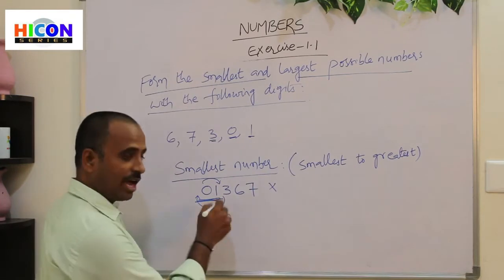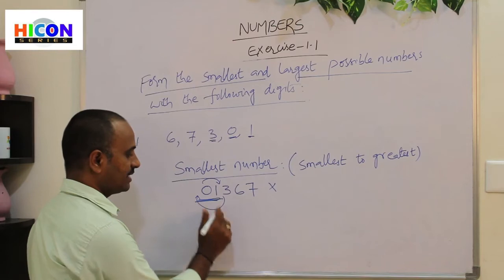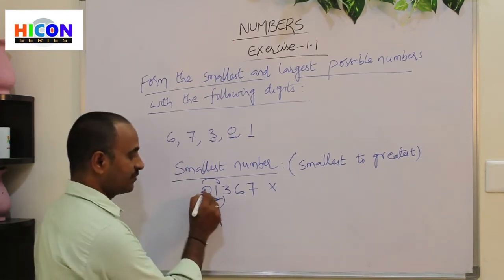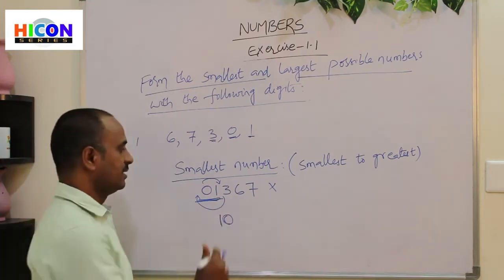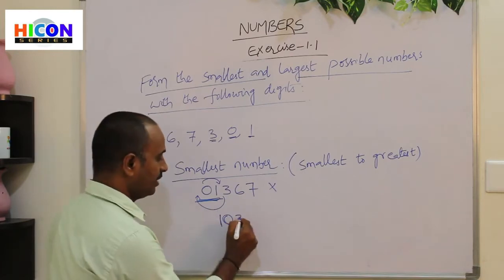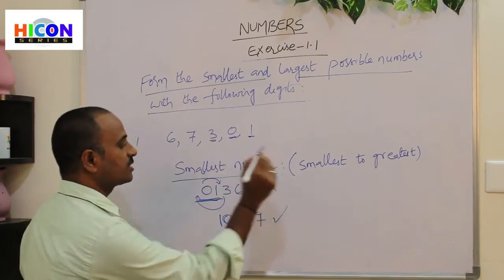Now we have to rearrange the first 2 digits. That means the second digit should be written in the first place, and the first digit 0 should be written in the second place. The remaining digits should be written as usual; they should not be changed. So children, this would be the smallest number.